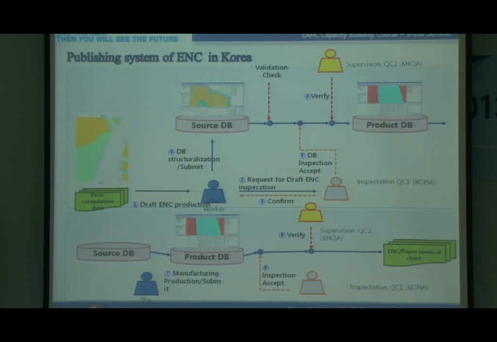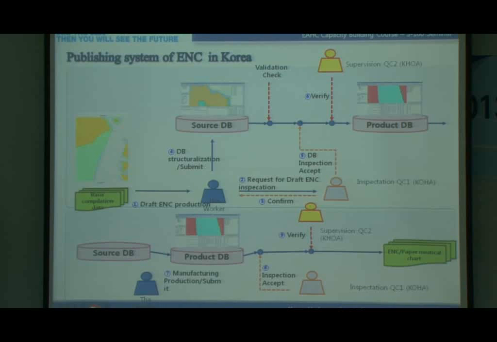This slide is quite useful for the entire week because it could be asked, what's going to change with S-100 or S-101? Will it be the same basic process? What will change? Will anything change? And if so, what? Almost any hydrographic office can look at this and say, that's pretty much the process we use, maybe with some refinements.